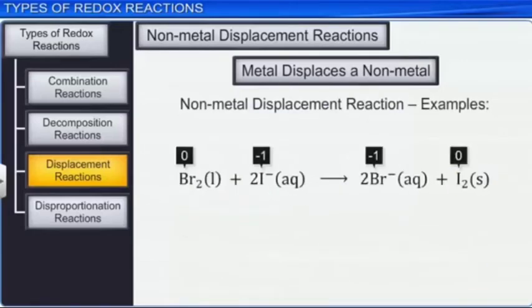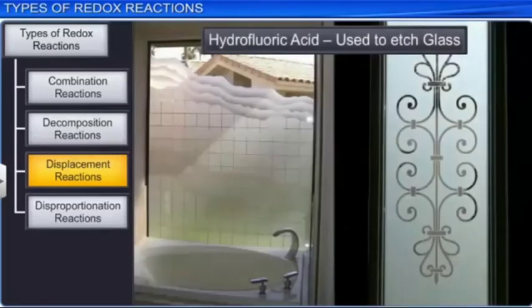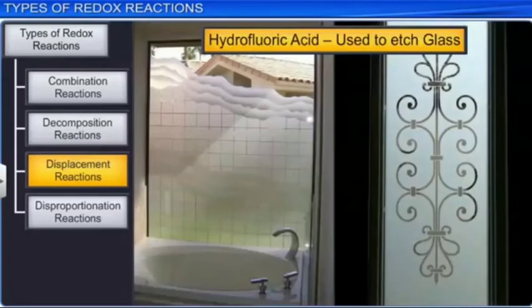Similarly, bromine can displace iodide ions in an aqueous solution. Halogen displacement reactions are used in industrial applications to produce chemicals, such as hydrofluoric acid, which is used to etch glass.